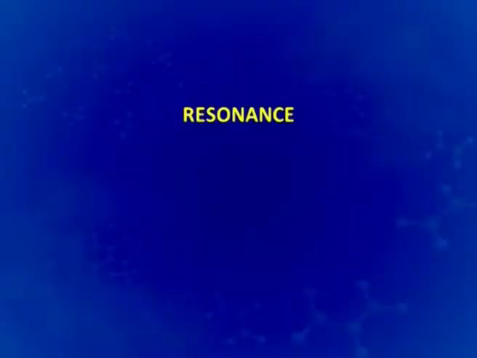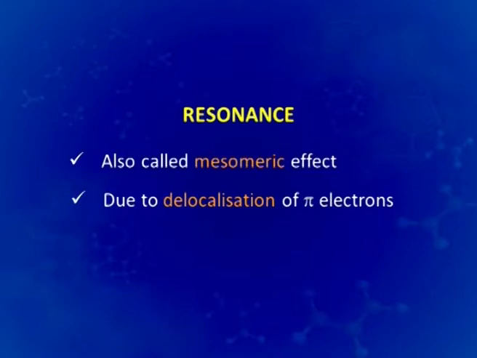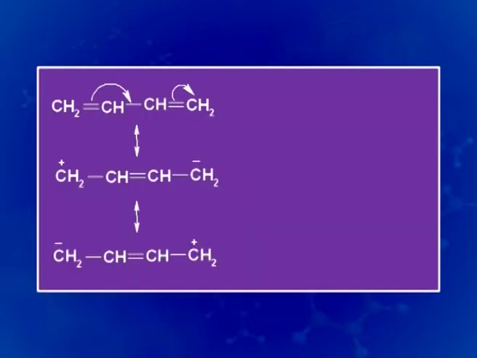The third effect which affects the nucleophilicity of nucleophiles is called resonance. Resonance is also called the mesomeric effect, and this, in contrast to the inductive effect, is due to delocalization of pi electrons. As we shall see in this example, we have a butadiene molecule.